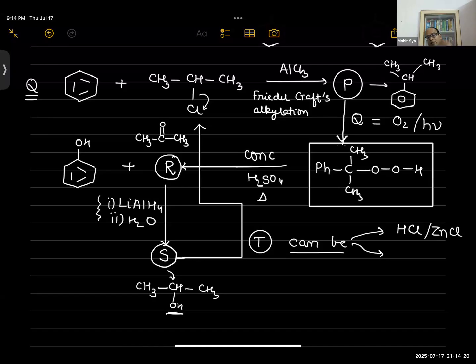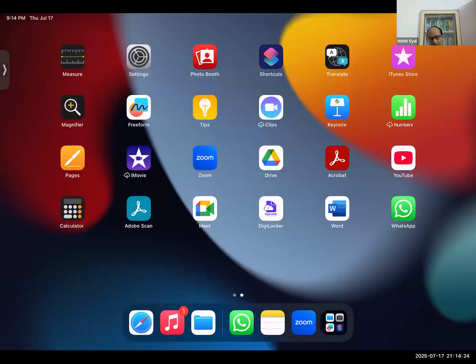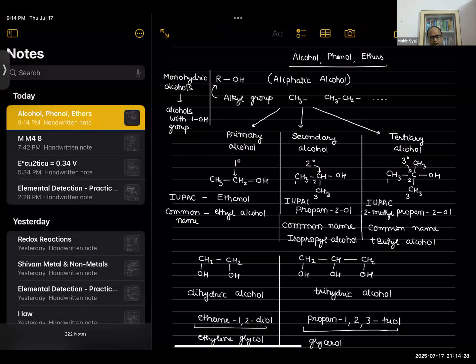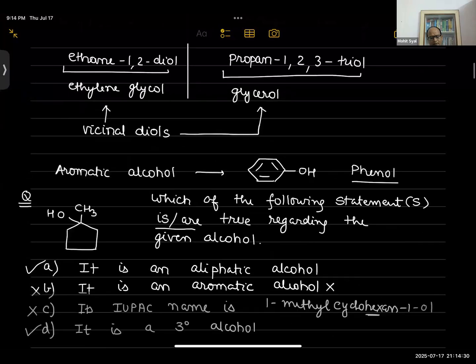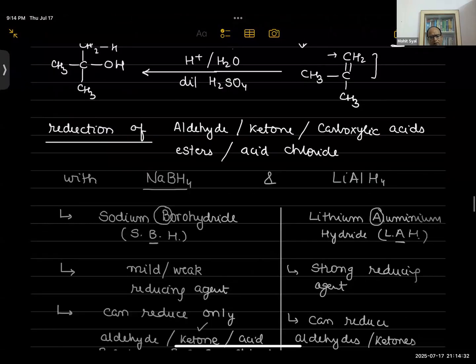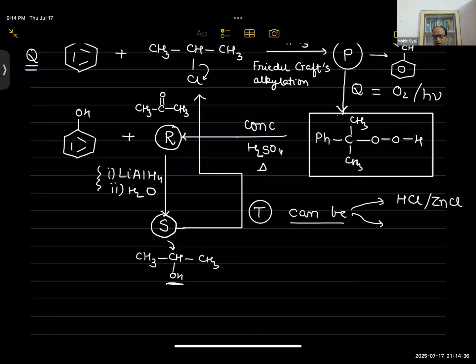What other reagent can we use to convert OH back to chloride? SOCl2, I think, yeah. SOCl2, thionyl chloride. That was the best method to convert the alcohol to chloride, SOCl2 in the presence of pyridine. Okay, good.